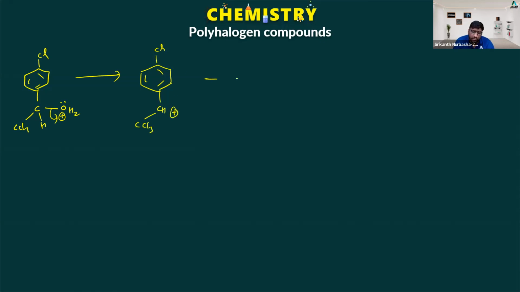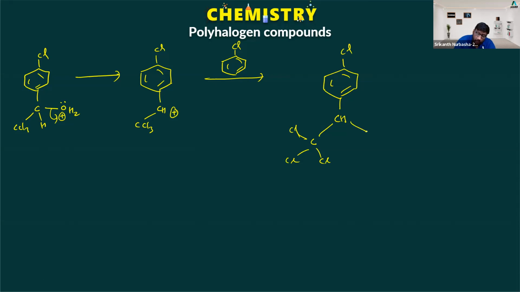This is an electrophile which is substituted onto the next molecule of chlorobenzene. Again, chlorobenzene is ortho-para directing, so para substitution is going to happen, but now the electrophile is this one. So with respect to chlorobenzene, on the para position, you have the CH group electrophile. The CH group is connected with CCl3, and the CH is also connected with one more phenyl ring. Yes or no? With respect to this phenyl ring, again chlorine should be on the para position.